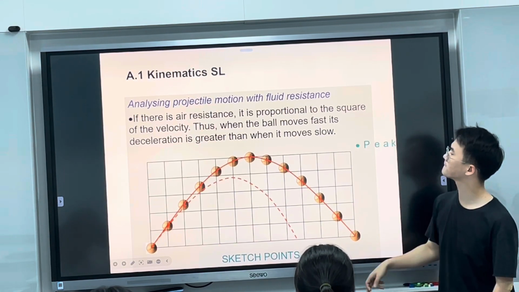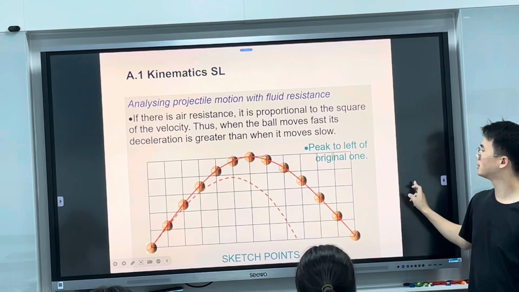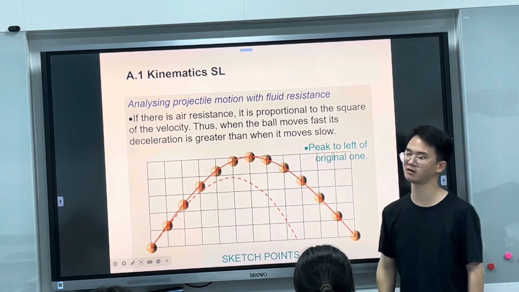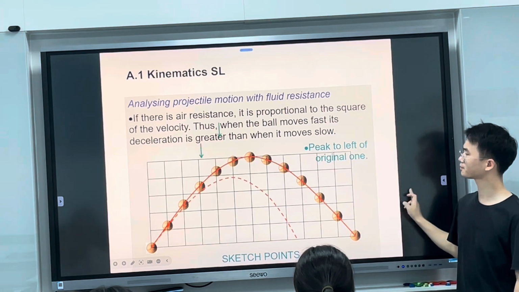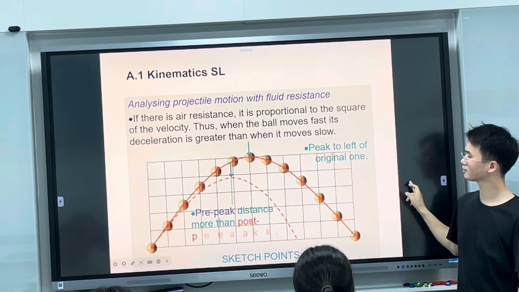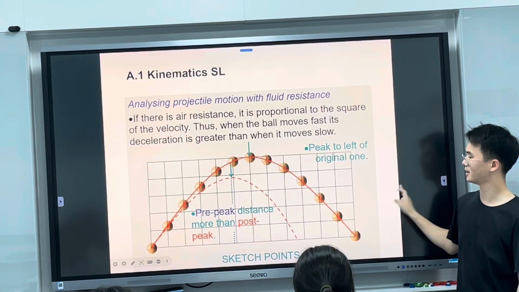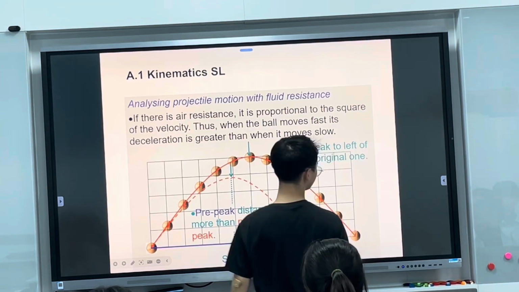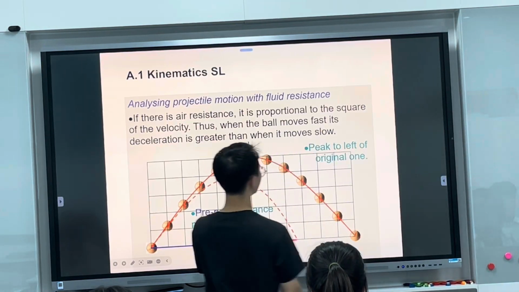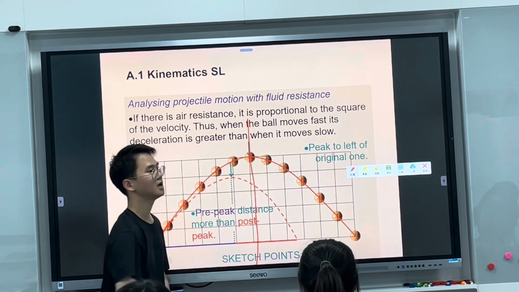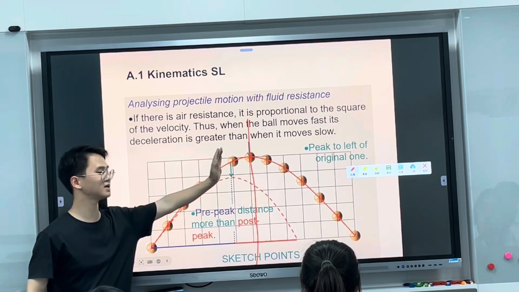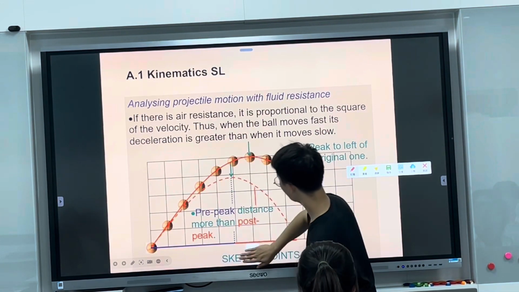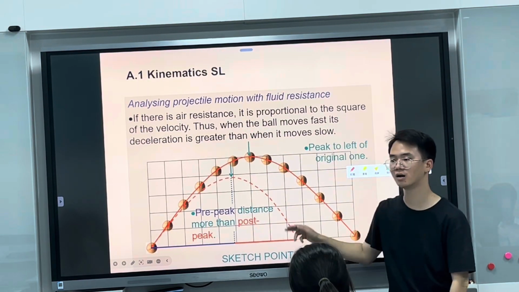Okay? All right. The peak is to the left and lower than the original one. Oh, by the way, if we ignore air resistance, the parabola is symmetrical, right? But with air resistance, is this still symmetrical? No.